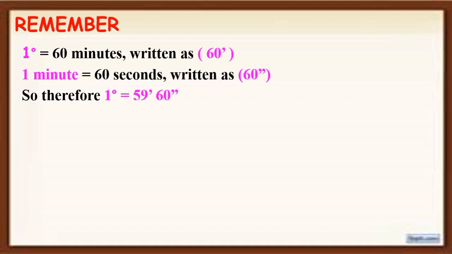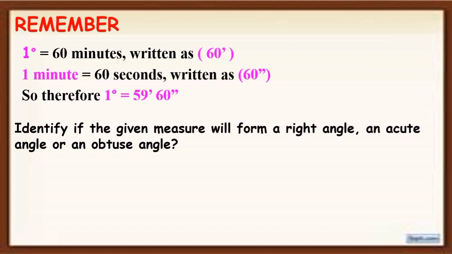So, pakitandaan mabuti yan ha, para mas madali para sa atin ma-identify if the given is acute, right, or obtuse angle. Okay, so for example, we are going to identify if the given measure will form a right angle, an acute angle, or an obtuse angle. So, for example, we have 73 degrees. When we say the measure of an angle is 73 degrees, is it a right angle, acute, or obtuse angle?